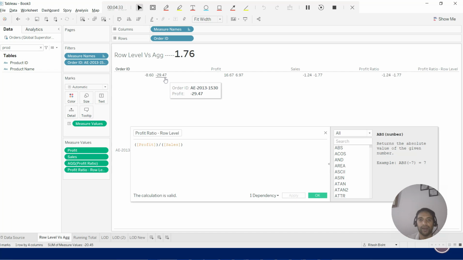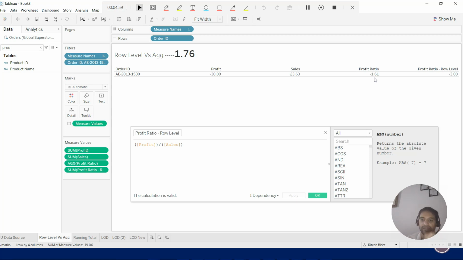This minus 8, minus 29, 16, and 6.97 are the values that aggregate to 38 and 23. So when you do sum of profit divided by sum of sales, you simply get 1.61. But when it comes to the profit ratio at row level, it will go to each and every row, and in our case, we are going down to product ID level, right?